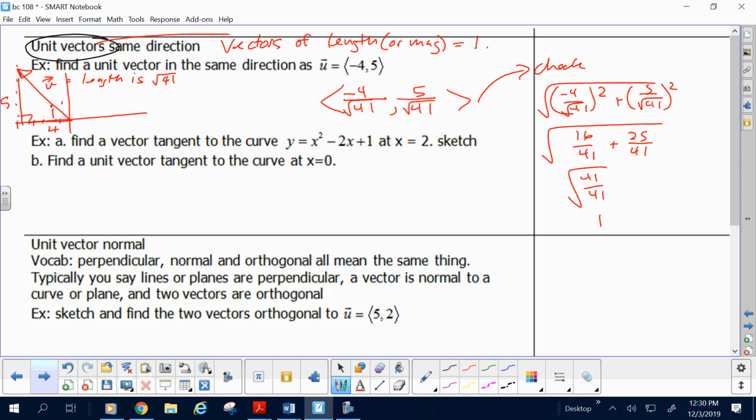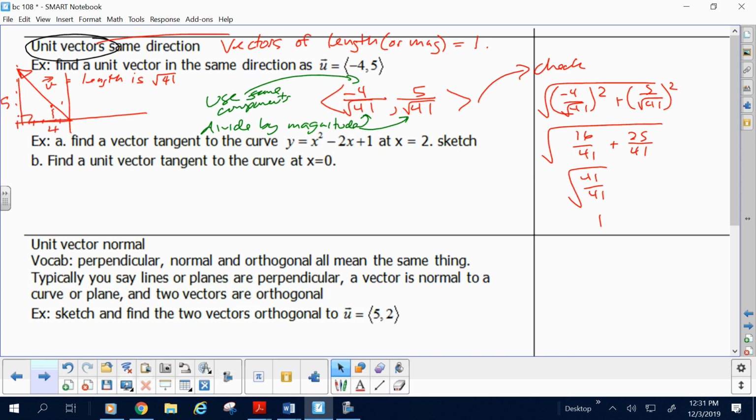So to get a unit vector in the same direction, you keep the components the same to get the direction going correctly, but then you divide by the magnitude. Write yourself a note if you need to: use the same components, divide by the magnitude. Or the hypotenuse, if that makes more sense to you, fine, but you're going to hear me call it the magnitude. Okay?